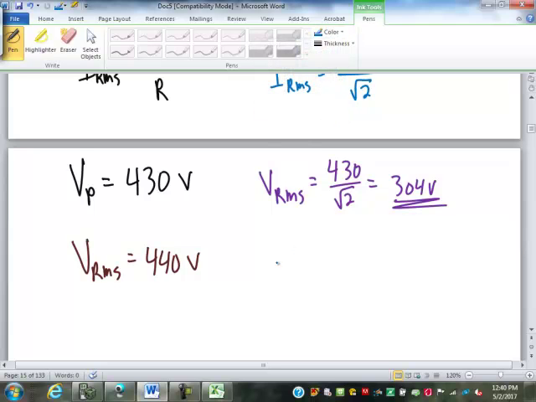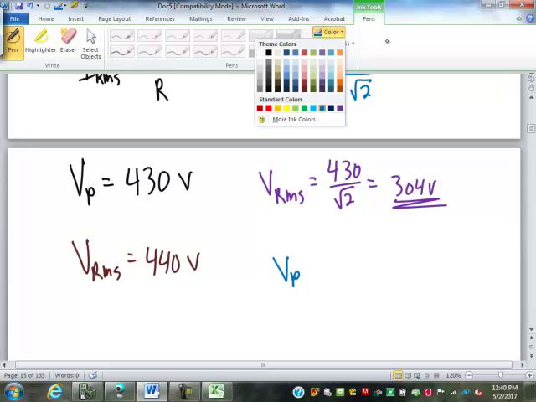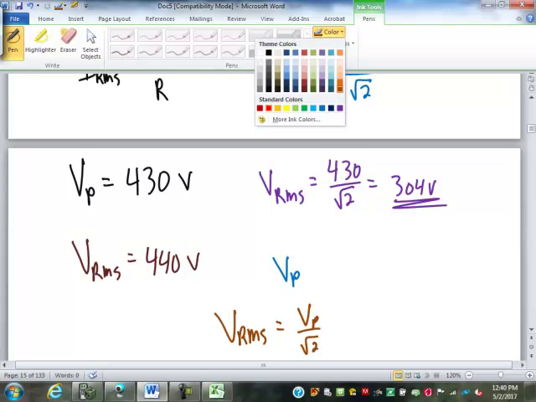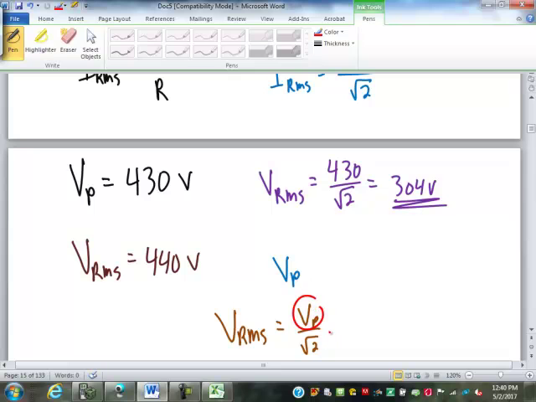How would I find the peak? Well, I know that my RMS is the peak divided by the square root of 2. Solving that for the peak, I'm just going to multiply both sides by the square root of 2.